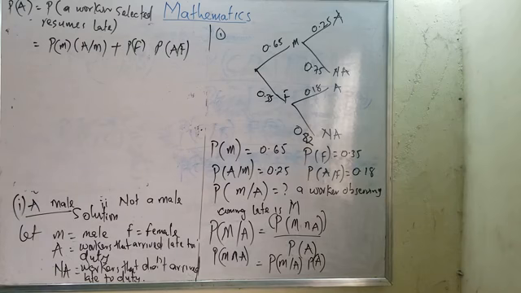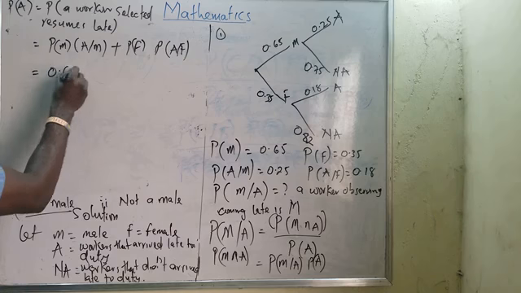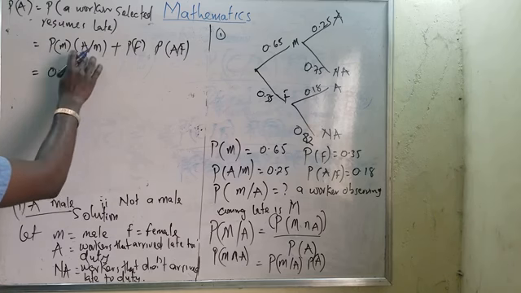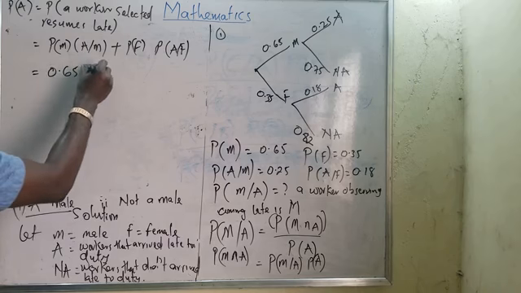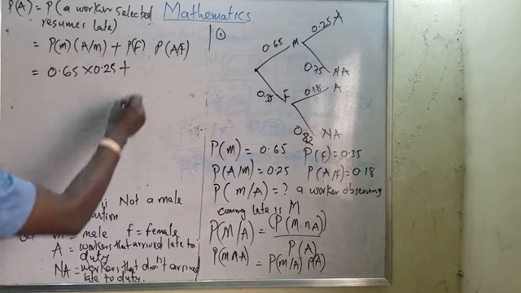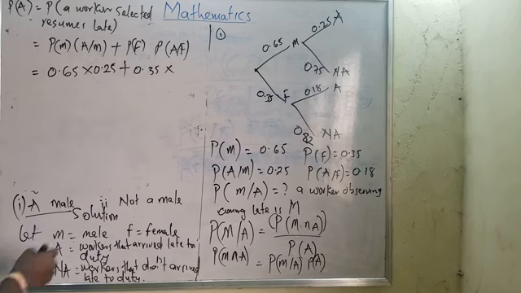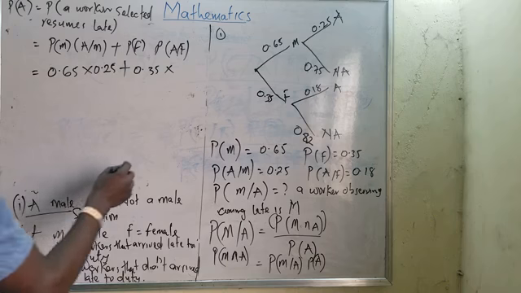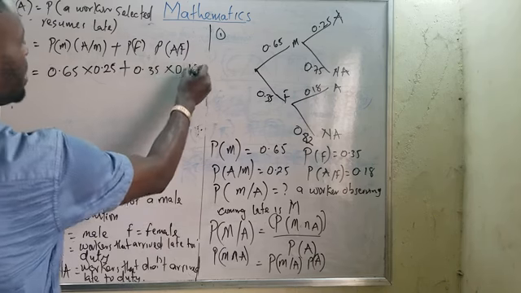Now, can I continue with this. I'm having probability of M, which we have done, is 0.65 multiplied by A of M, which is 0.25, plus the next one, the probability of F, which is 0.35 multiplied by the probability of A of F, which is 0.18.